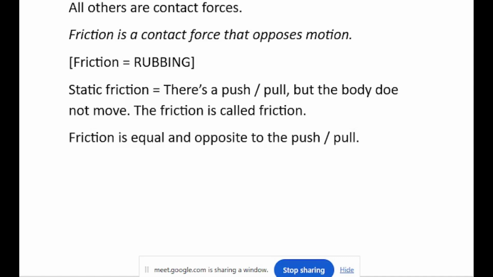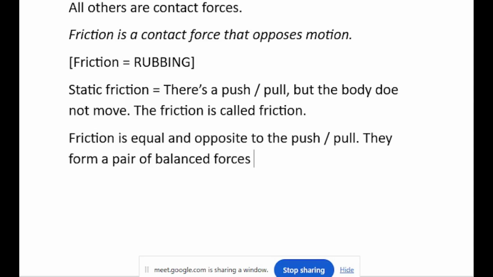Equal na hole balanced force hobe na. They are equal, so they form a pair of balanced forces, and the net effect is zero. That is the first kind of friction, static friction.